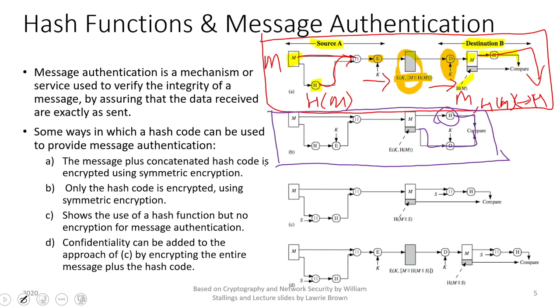The third approach that we may take is we may use the hashes but no encryption is there. So if we don't use encryption, then there is no authentication happening, because encryption is a way of authenticating, because the person who has the encryption key is the person who would encrypt. So that is the assumption that we have. So there, if we don't use encryption, then there's no authentication there.